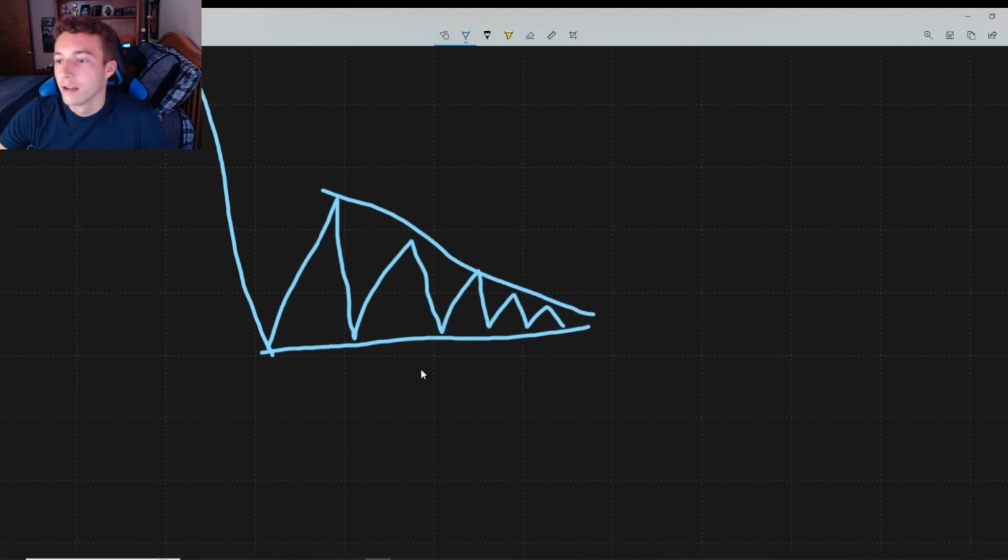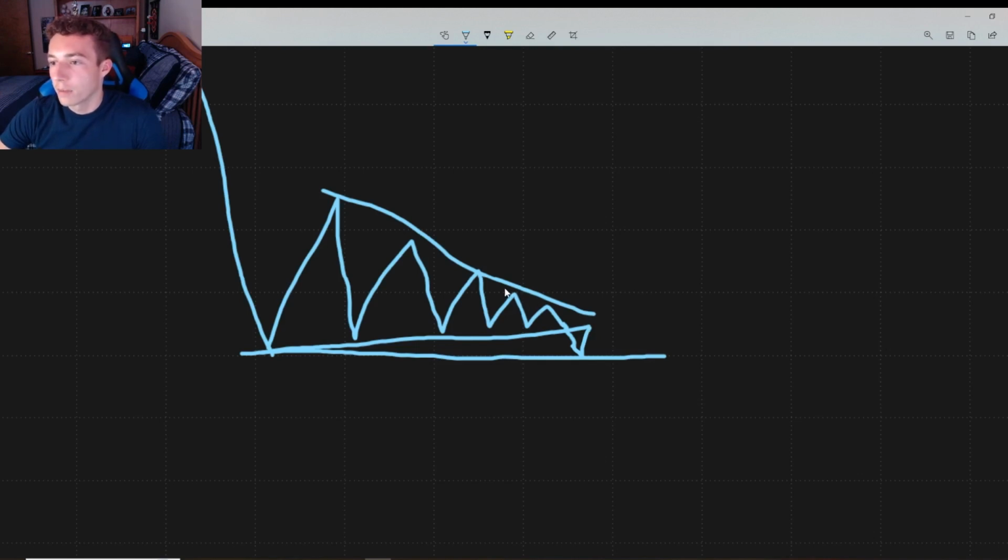My key level is right here at this low, and I would be entering here at the break of this trend line. This is also going to save you from fake outs. We break this trend line, I'm in. We end up coming down, bouncing right off of the key level, and then coming back up.